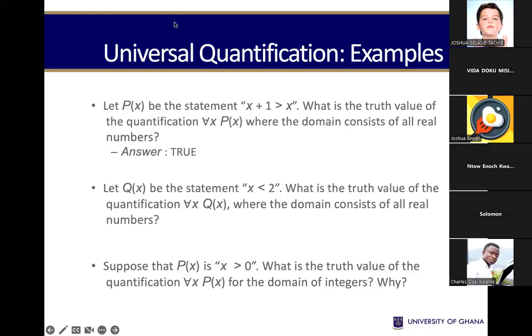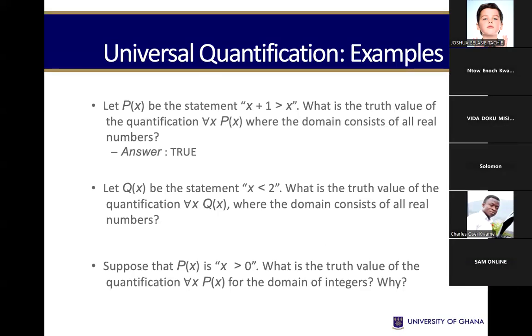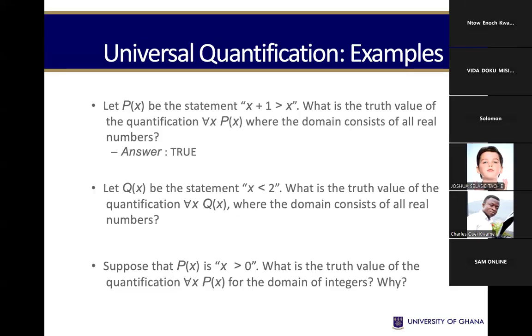Okay, so quickly let's come back to where we are. Joshua, please, I see your hand up. You want to try the second part? Yes, sir. The second one is false. So you want to explain why it's false in your opinion? I think when you choose x to be 3, it will make it false.